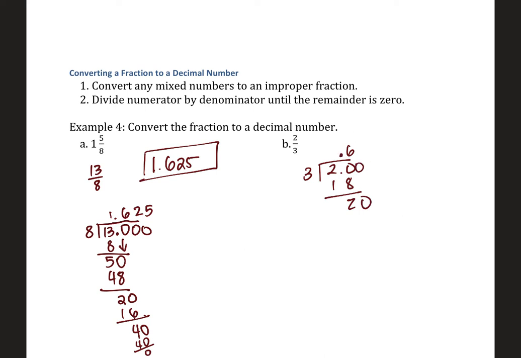Keep that decimal point in the correct spot. So I can put 0.66 bar. I already know it's going to keep repeating itself. In the other example where we had this, we put 0.666 bar. Either is fine. Doesn't really matter.